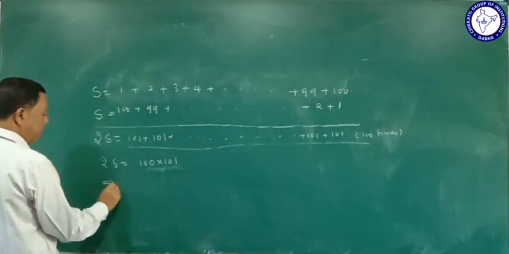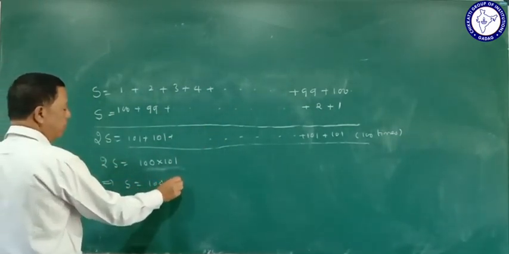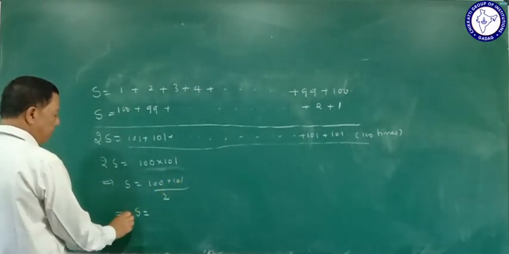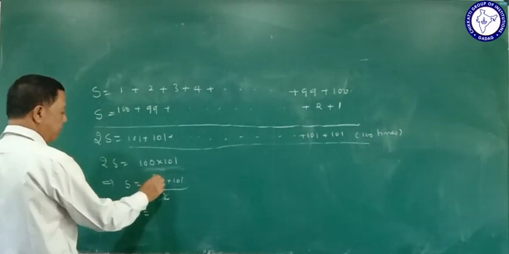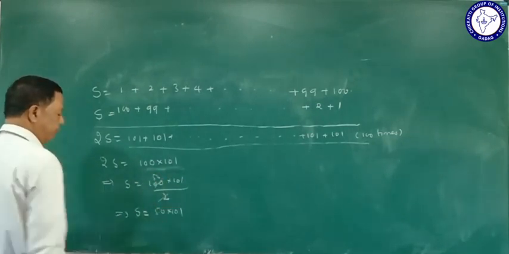So what comes here? S is equal to 100 into 101 divided by 2. S is equal to 50 into 101.